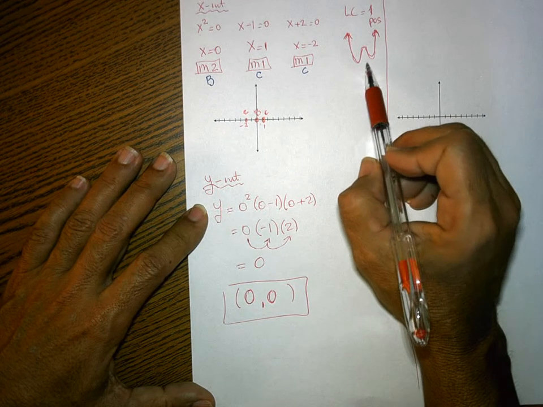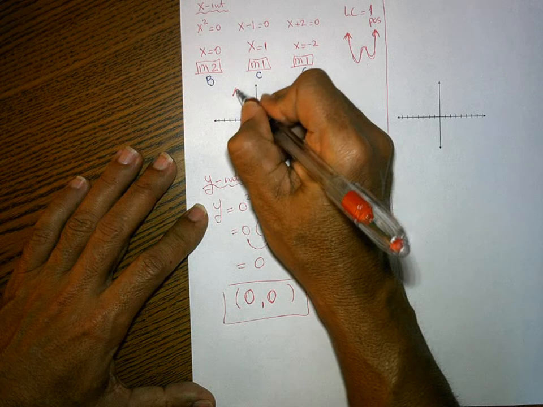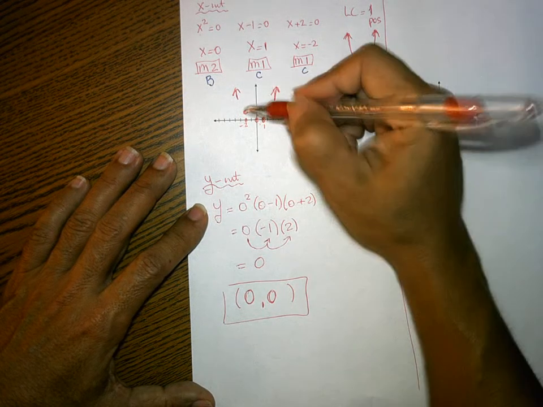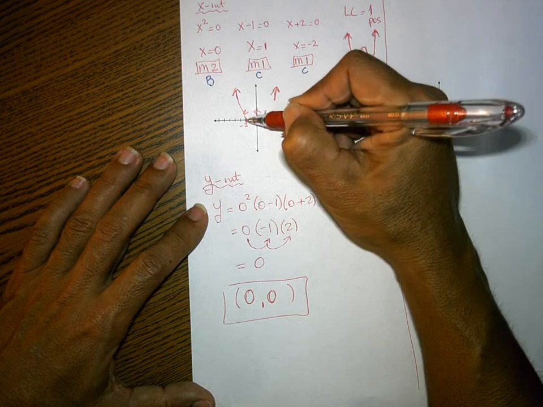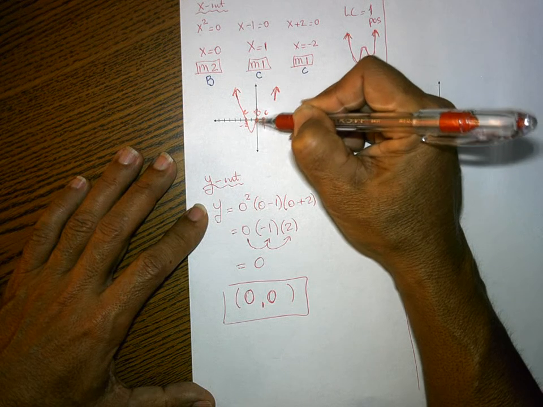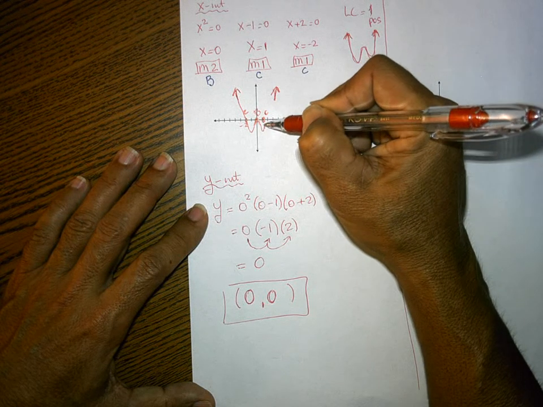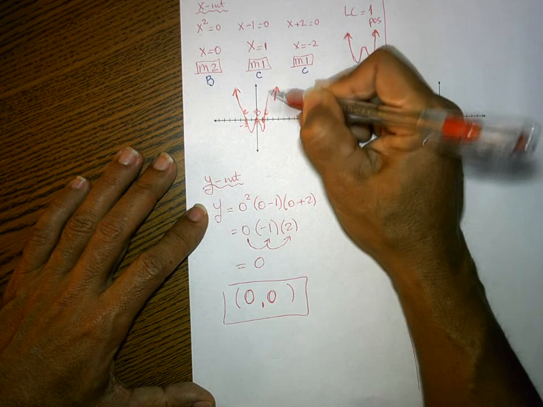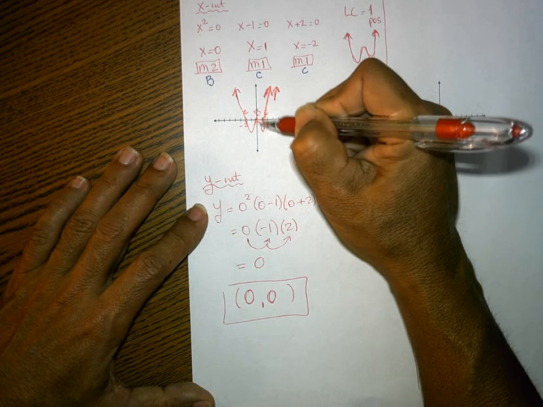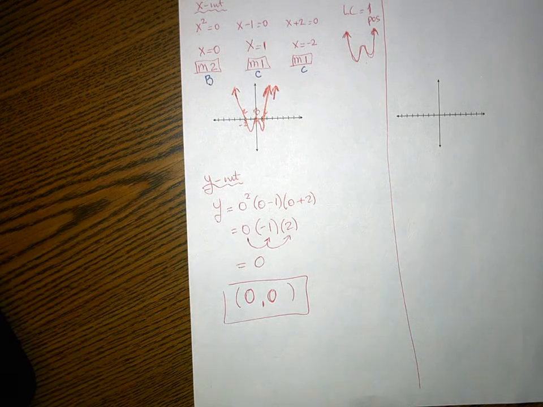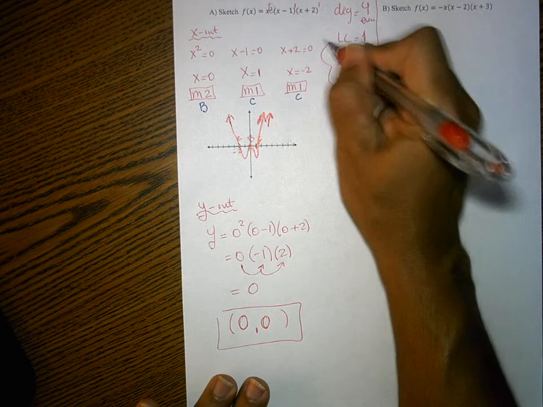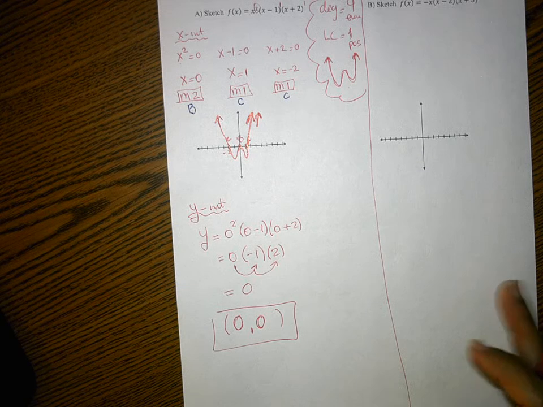The end behavior has to end up going to positive infinity. So we're going to cross at the 1, cross at the negative 2, and then we're going to bounce off the 0, 0, and we're going to cross back up. I missed my little arrow. Okay, there we go. So we crossed, we bounced, we crossed. It's so helpful to know the shape before we even start drawing, solving. So it's so helpful to know the shape.